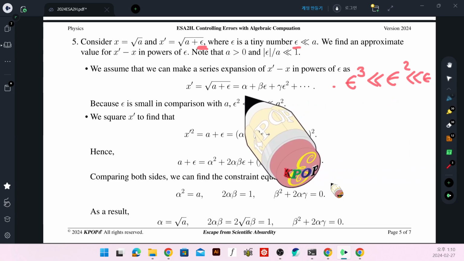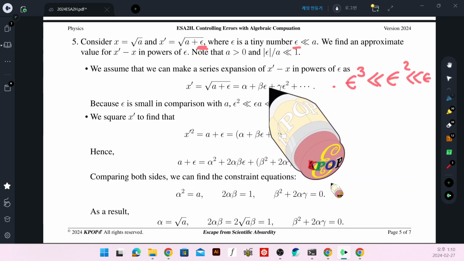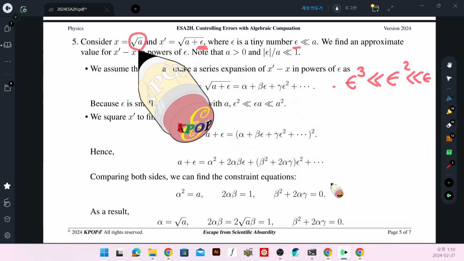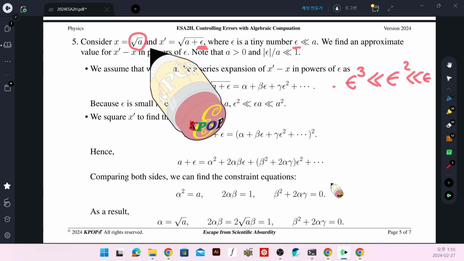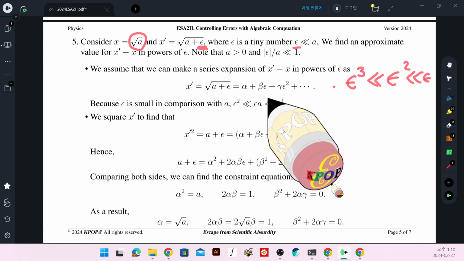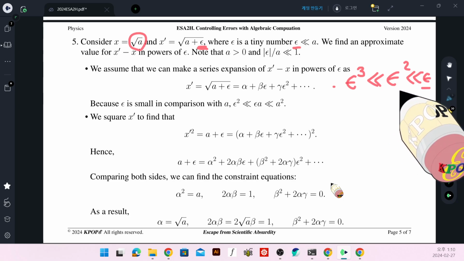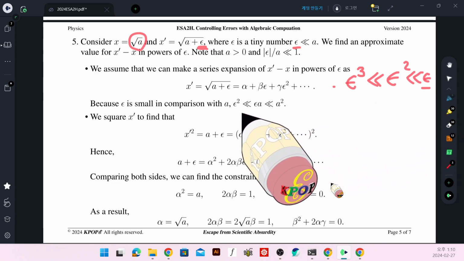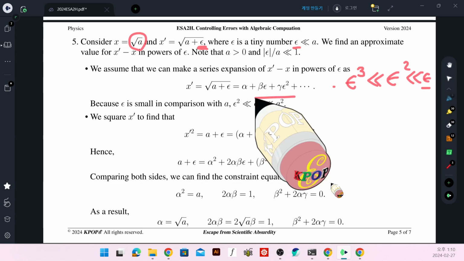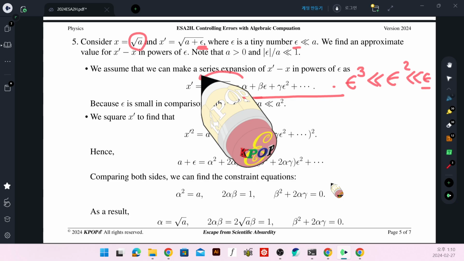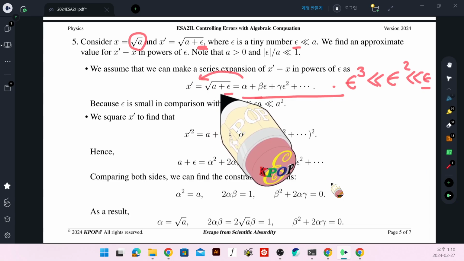The leading order, when epsilon vanishes, returns the original value, and then we make a correction in the linear term in epsilon, and then a little bit smaller, and so on. So we assume this power series expansion reproduces the full expression.